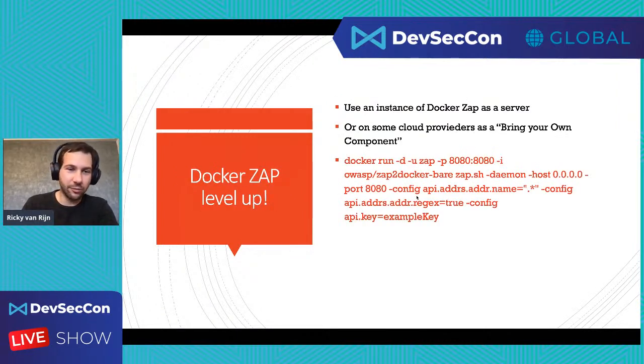So also another level up, as I'm quite enthusiastic and taking a long time every time a single command. Okay, well, in this case I'm taking a Docker ZAP as a server. So in some cloud providers, I see a typo, sorry for that, you can bring your own components.